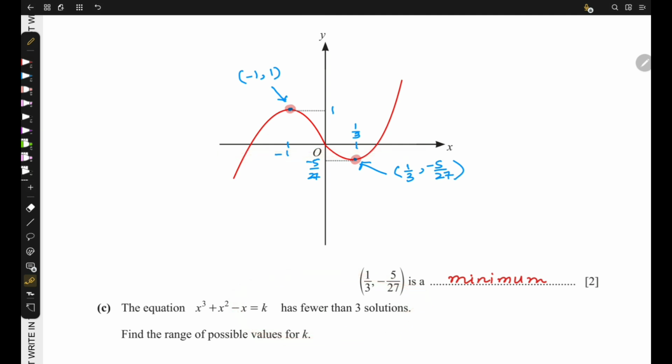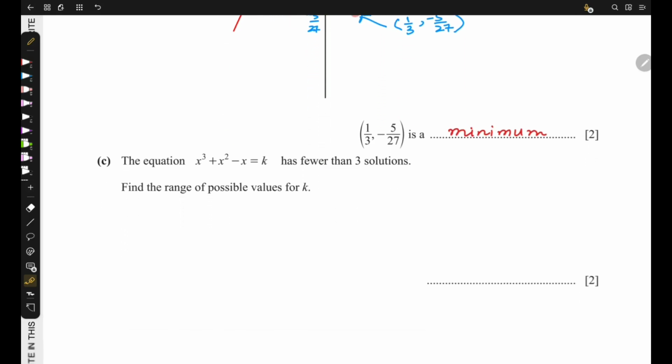It means we have to draw the line at y equals 1 or greater than 1, or we have to draw the line at k equals -5/27 or less than -5/27. So the answer would be k greater than or equal to 1 or k less than or equal to -5/27.